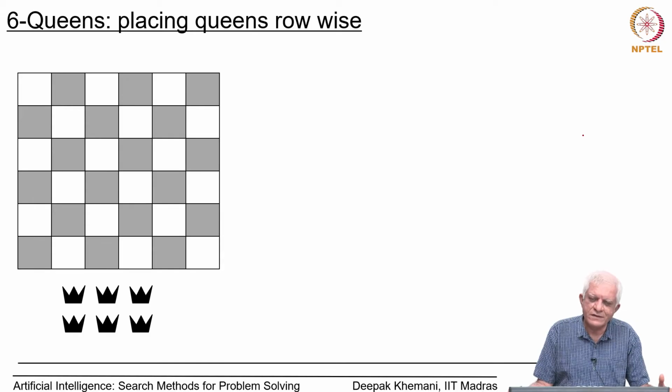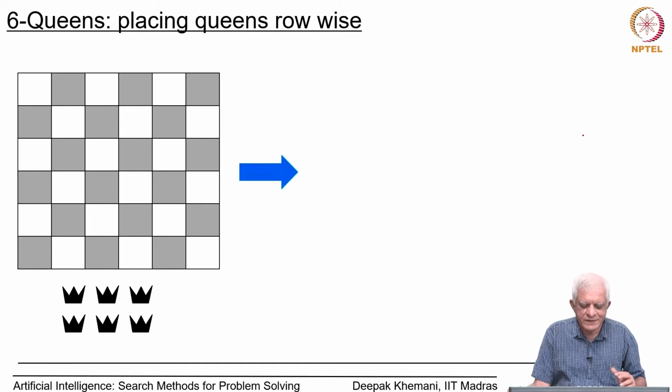If you are working with paper and pencil, this is what you might end up doing if you are solving it, let me say, in an intelligent fashion. So, the way we will do this is we will keep placing one queen at a time, and after we place every queen, we will do a certain amount of reasoning, which is as follows.